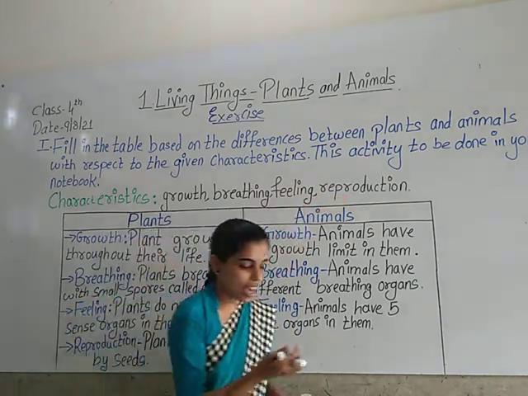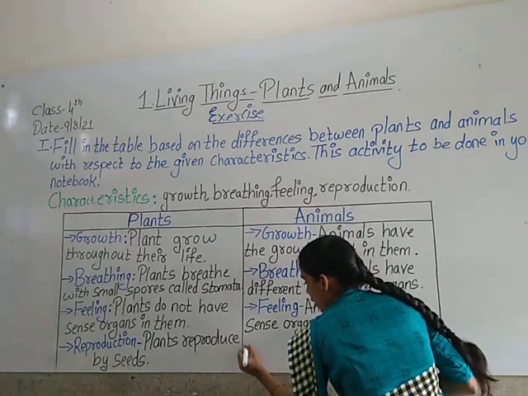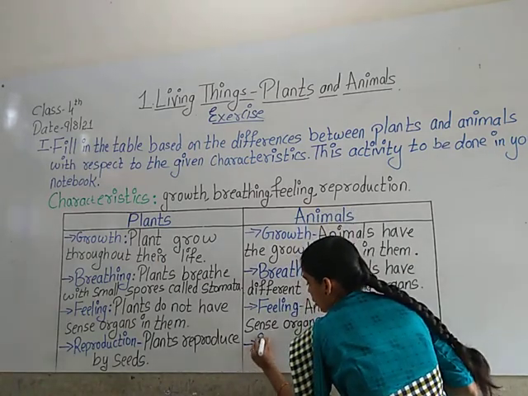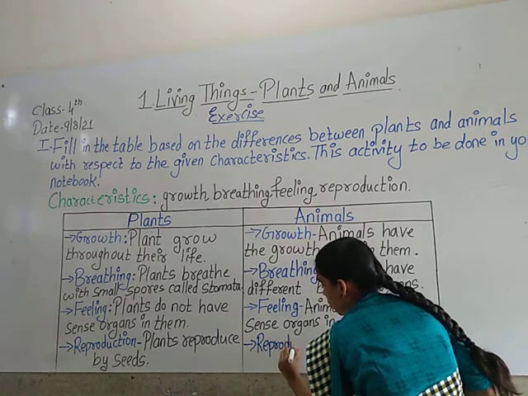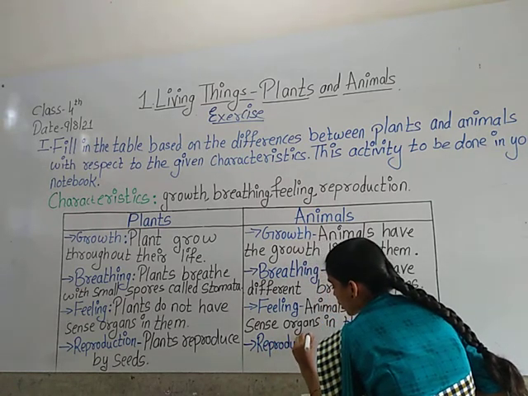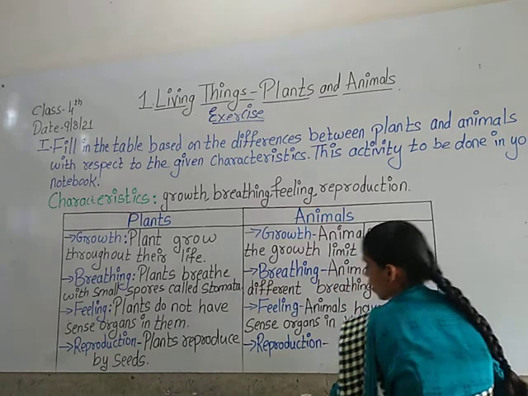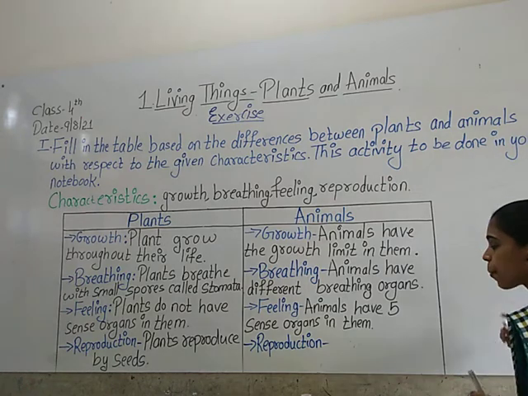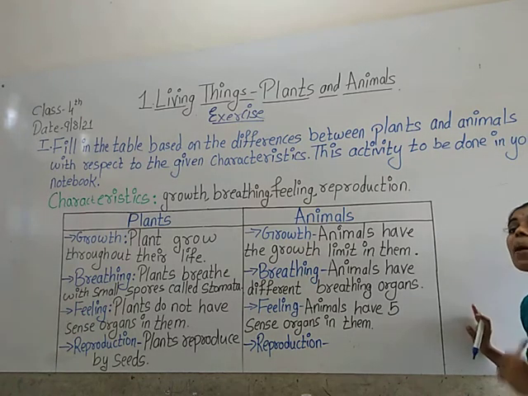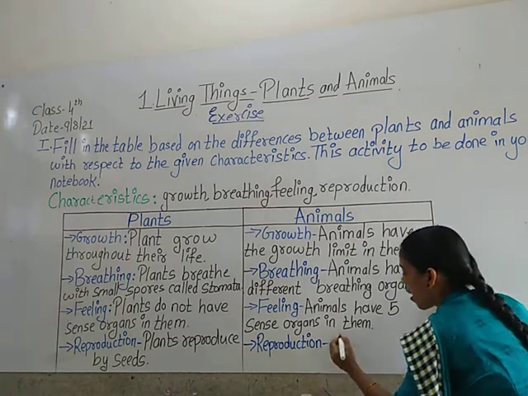So let us write the characteristic. Reproduction. And in animals, the reproduction takes place by giving birth.